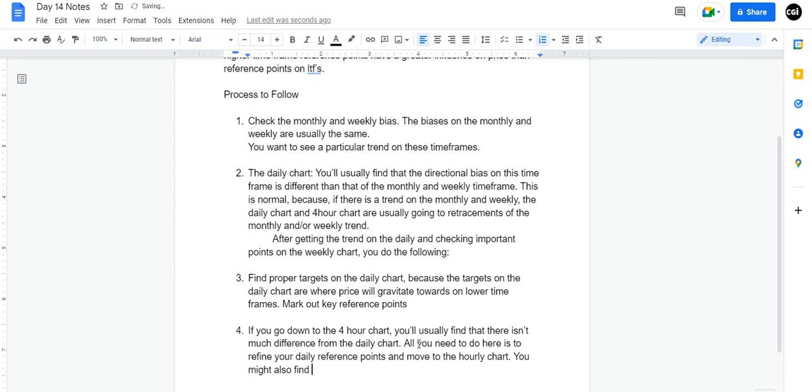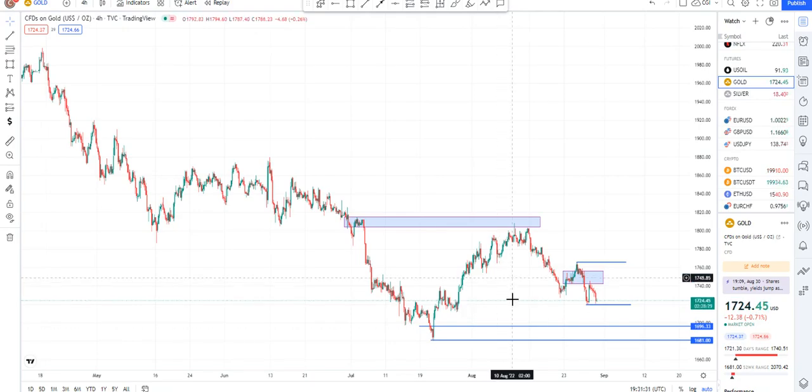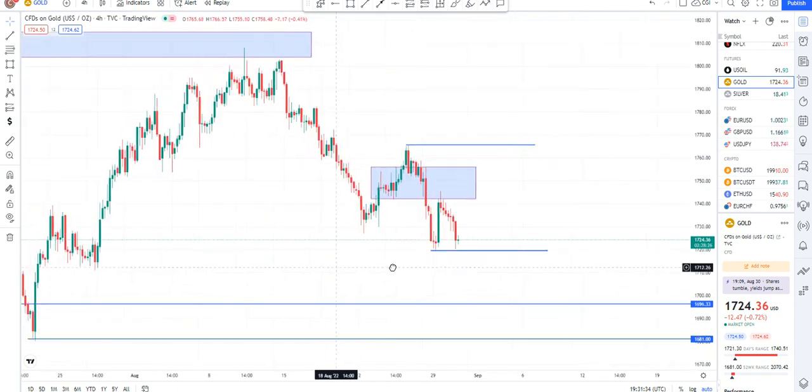You might also find important points that weren't obvious on the daily. Mark those as well.